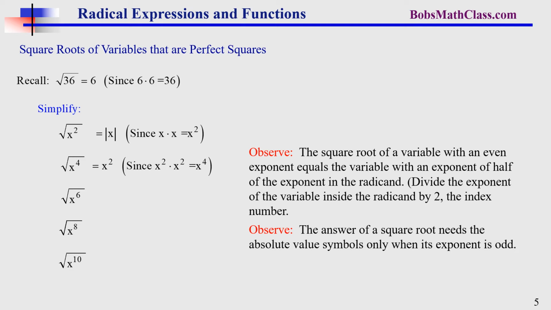So we do not need to put the absolute value symbols around it. How about our next one? The square root of x to the sixth. The answer will be x to the third. However, when you cube something, if it's negative, your result will be negative. So this one, we need to put an absolute value symbol around it.